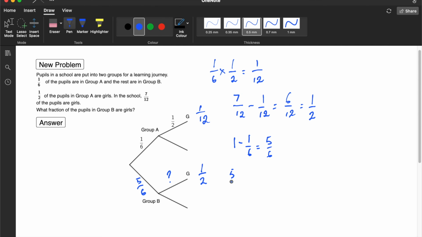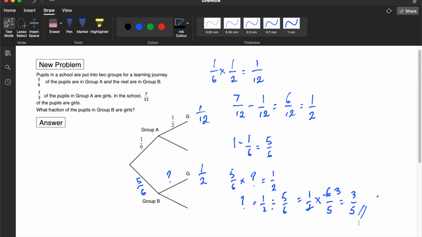So 5 over 6 multiplied by that unknown is equal to half. How do I get that unknown? I will have to take half divided by this 5 over 6. So I'm going to convert the divide to multiply, and then this is 6 over 5, and I can simplify this further to 3 over 5. Right, so that is the final answer.